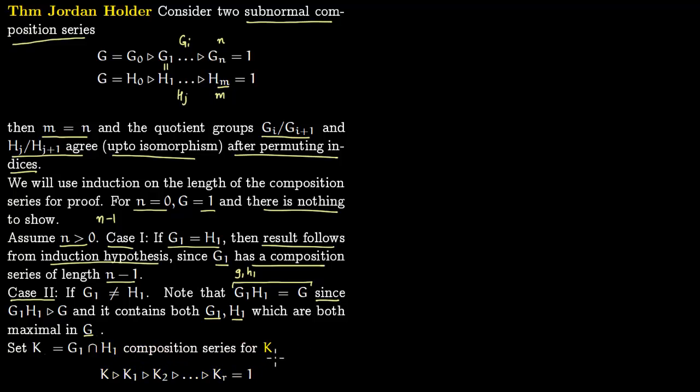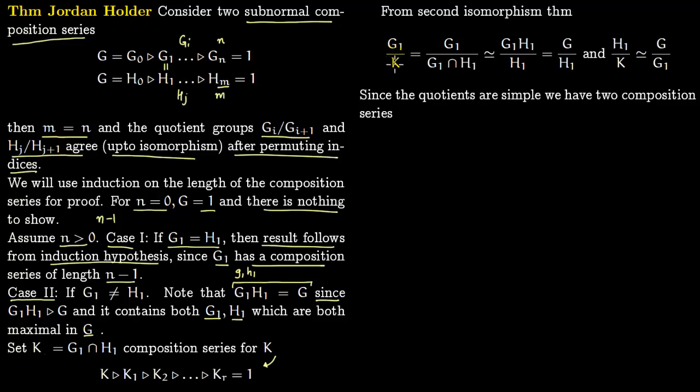So this is the composition series for K. Now consider G1 modulo K, where by definition K is G1 intersection H1. Here we use the second isomorphism theorem, which says this becomes G1 H1 over H1.